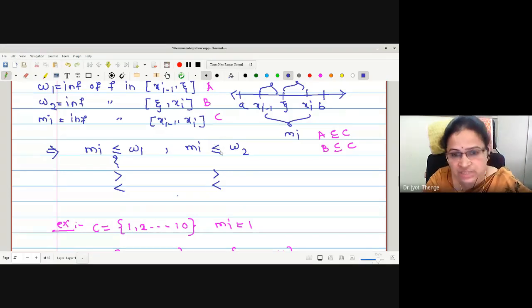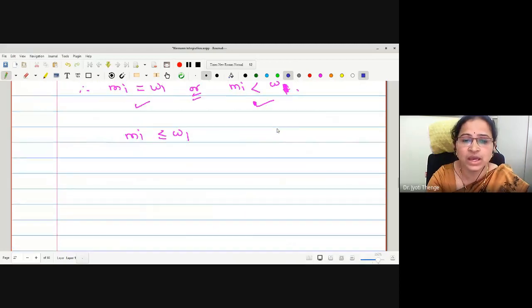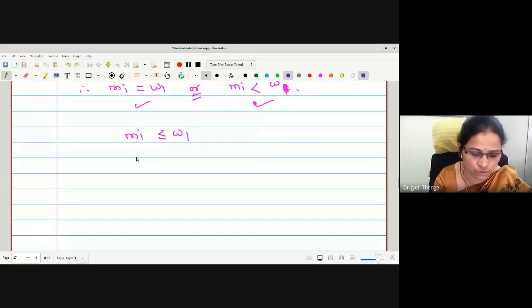Now, knowing this relation between the infima values of the original ith subinterval and the two subintervals xi minus 1 to zeta and zeta to xi, let us proceed to find the lower sum regarding both the partitions.